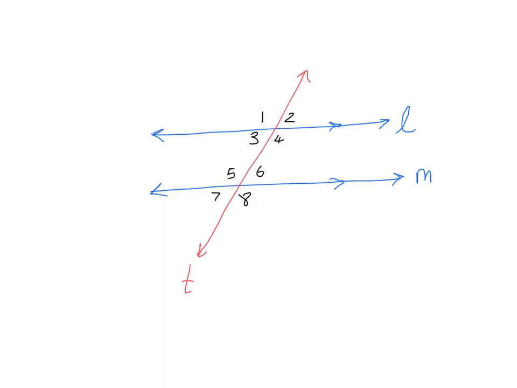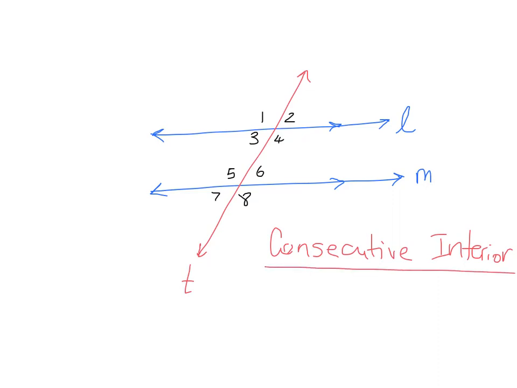So let's write that down. Consecutive interior. All right, so now here is the trick. You've got to remember this. These angles are not congruent to each other. Consecutive interior angles are actually supplementary angles. So 3 and 5 should add up to 180 degrees. And so should, on the other side of the transversal, the interior angles here, 4 and 6.